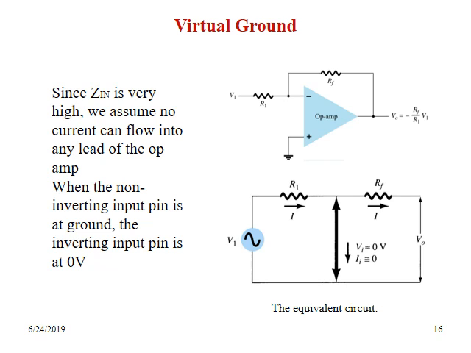Actually pin number 3 is grounded, and what we assume is that at pin number 2, as there is no current flowing, the voltage seen is 0 potential. That is nothing but virtual ground.